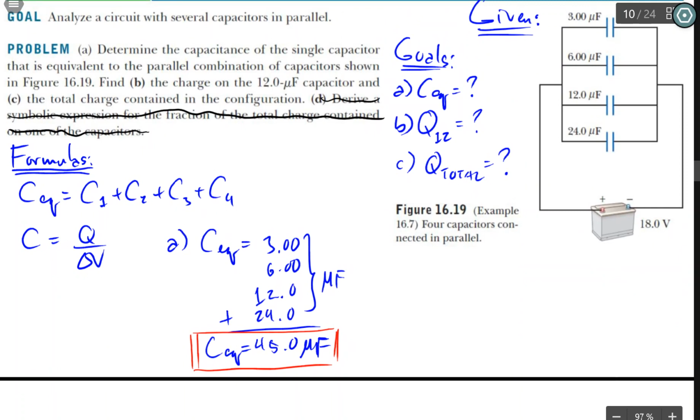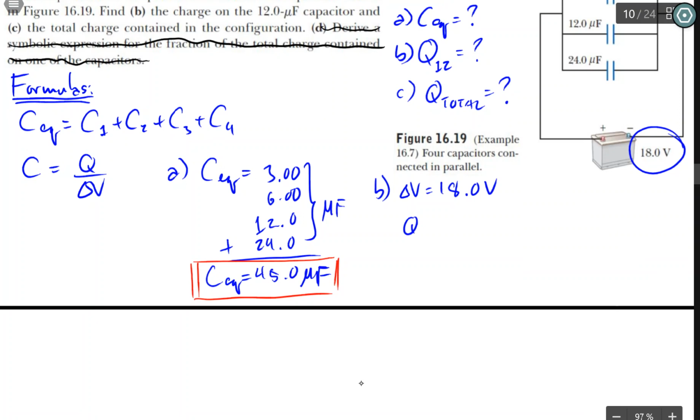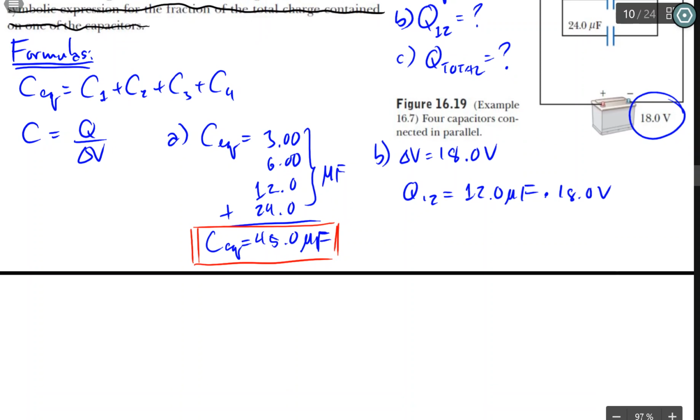So now that we know that, and that our given, I guess I missed one given. There it is. Delta V is 18 volts across the entire circuit. So the charge on the 12 is just simply the capacitance of the 12, so I just write it out. 12 microfarad times 18.0 volts. Okay?